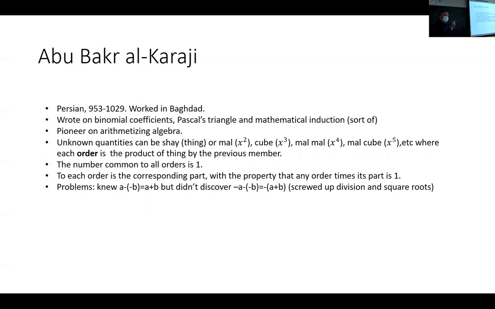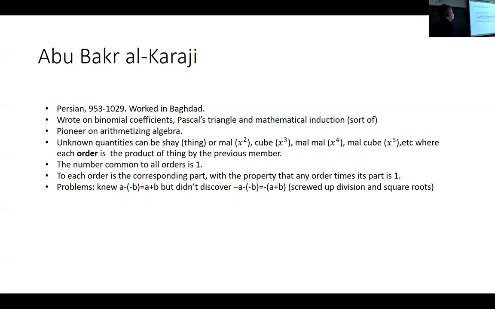And interestingly, just like arithmetic, you can get fractions, right? To each order there is a corresponding part, with the property that any order times its part is 1. So for every x to the n, there's an x to the minus n, or 1 over x to the n, and when we multiply those together, we get 1.